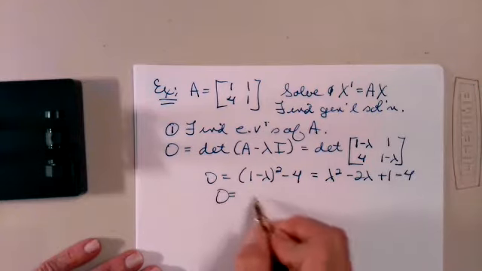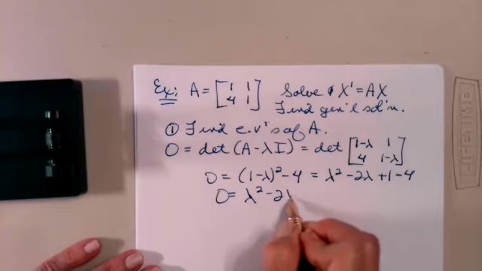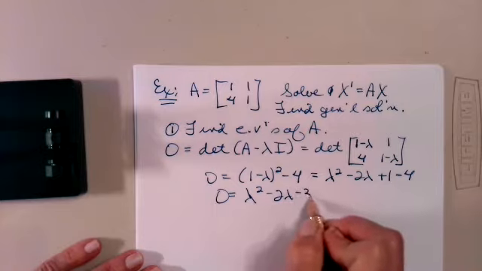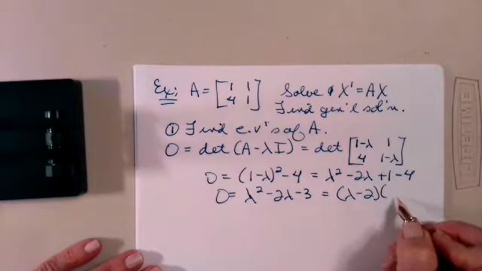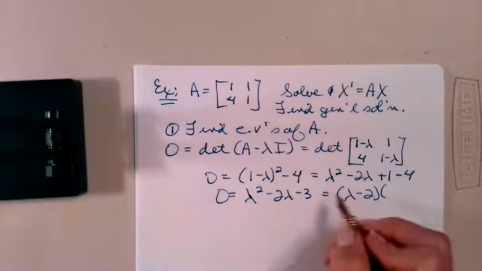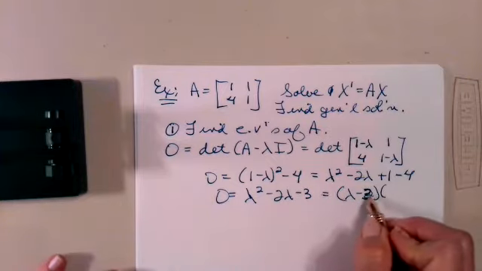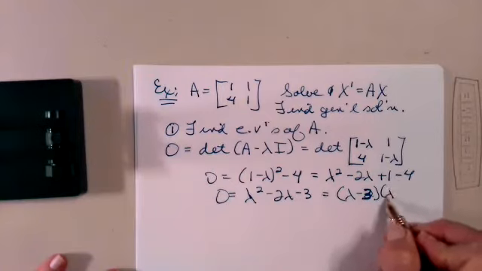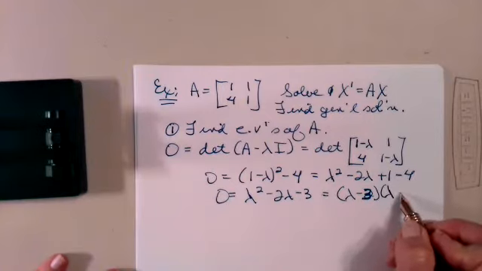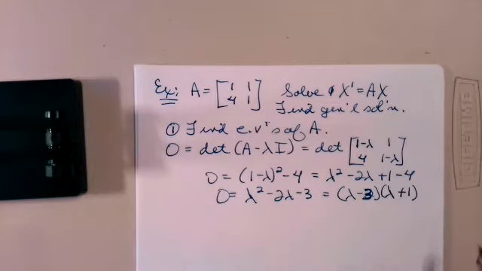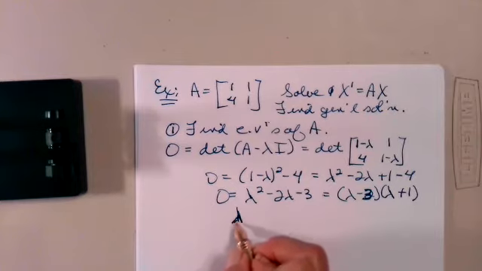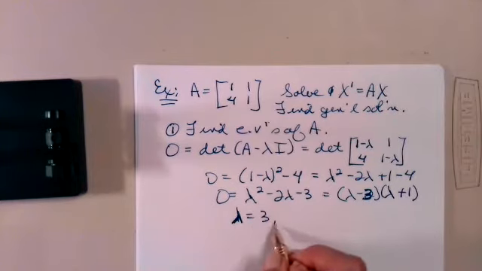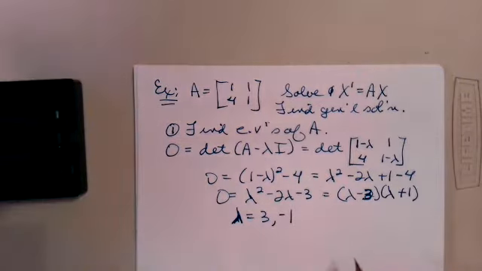So that says 0 is lambda squared minus 2 lambda minus 3, which factors to lambda minus 3, lambda plus 1. All right, so that says the eigenvalues are 3 and minus 1. So that's the first thing we need to do.